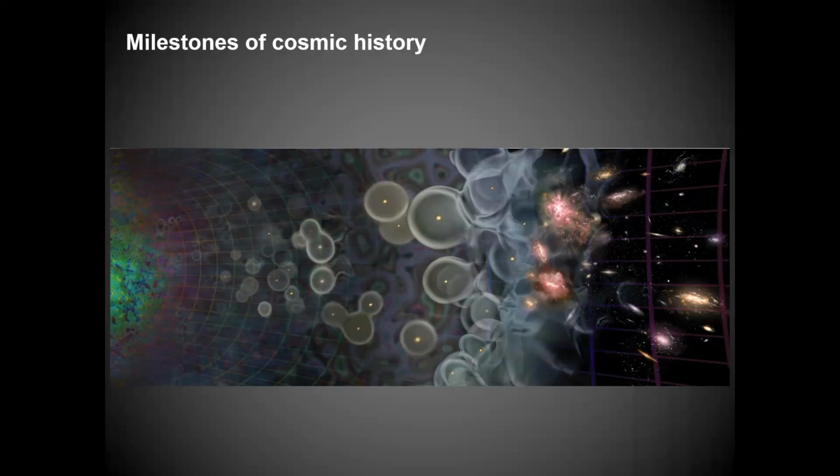These grayish bubbles are actually bubbles of hot and ionized gas, because stars emit UV radiation that also ionizes neutral gas. But also stars live and die, and in the process of their cycle, some stars create black holes, so also the first black holes in the history of the universe.